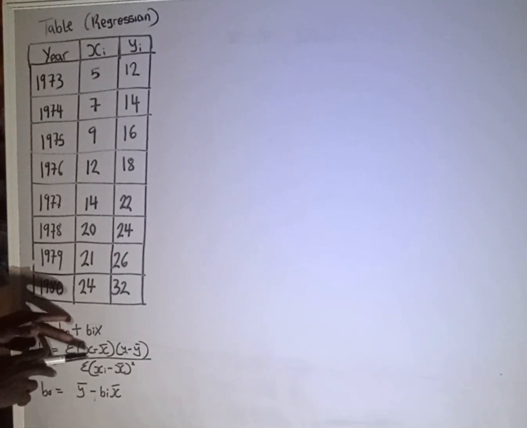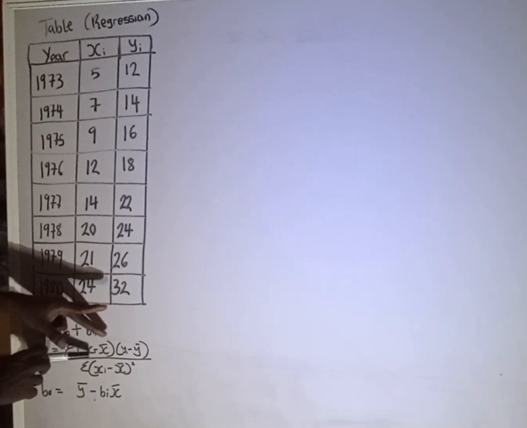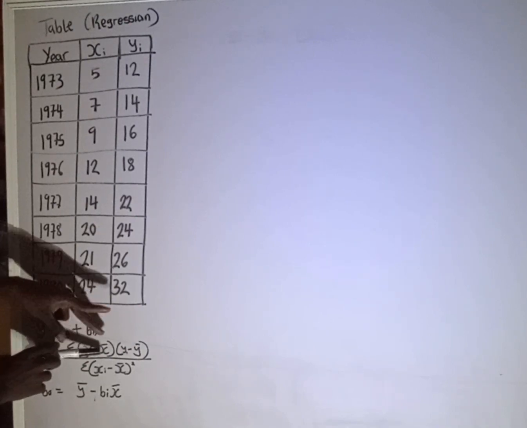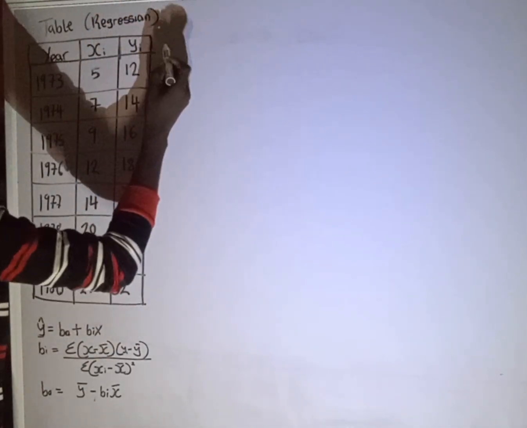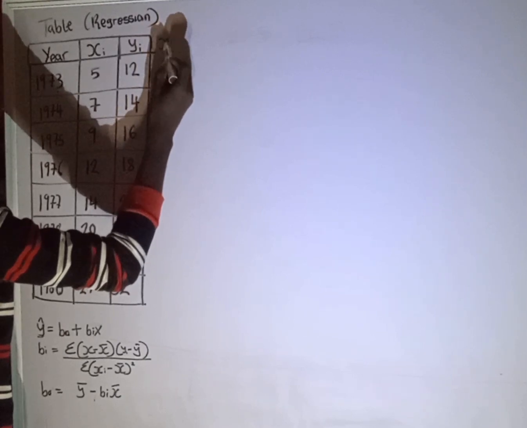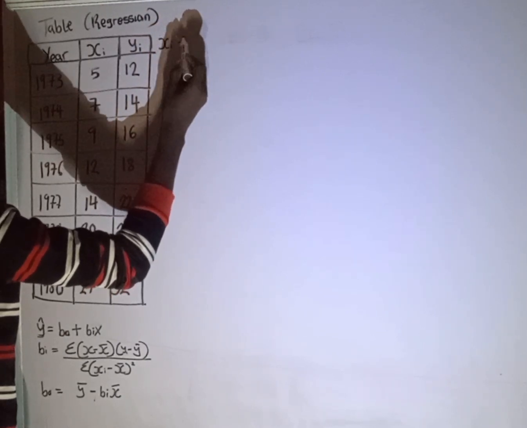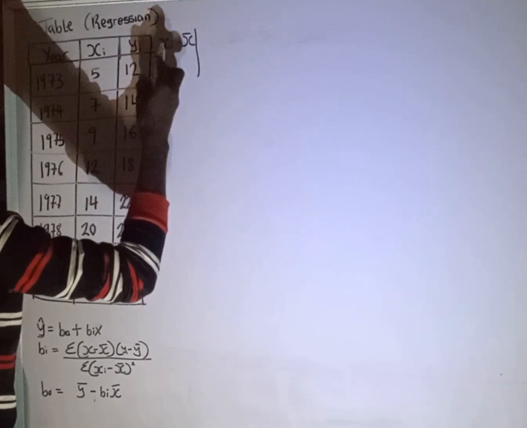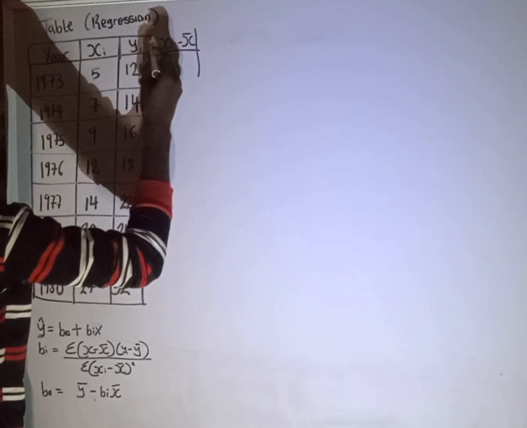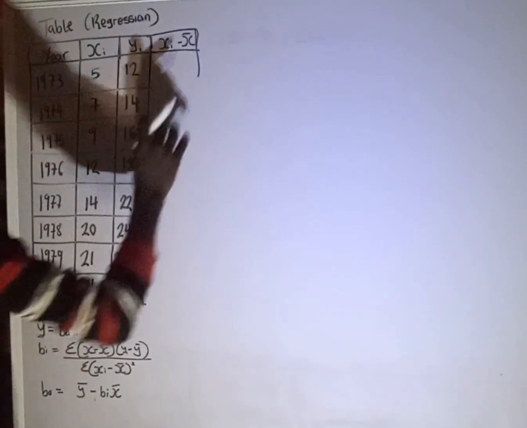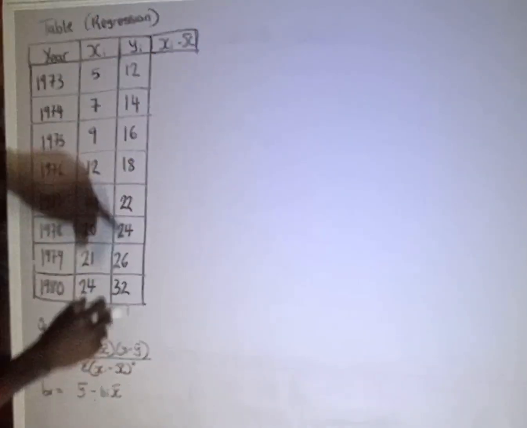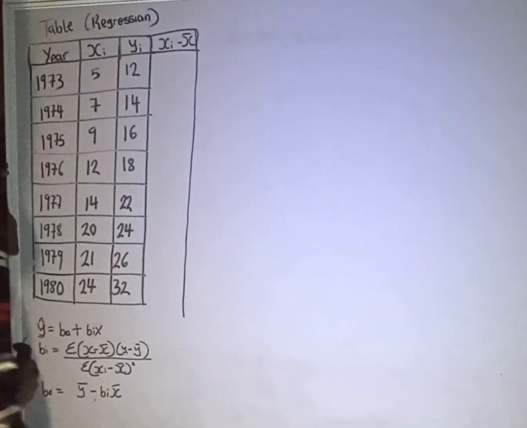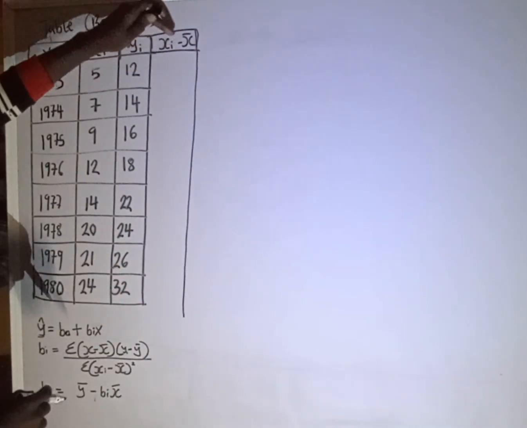So in the table I'm going to be drawing now, first is the table of xi minus the mean of x. So I'm going to be having here x minus the mean of x.